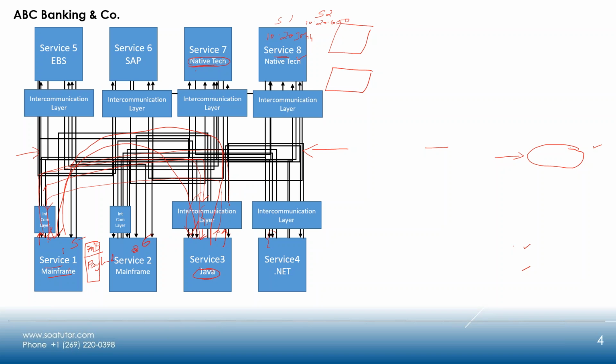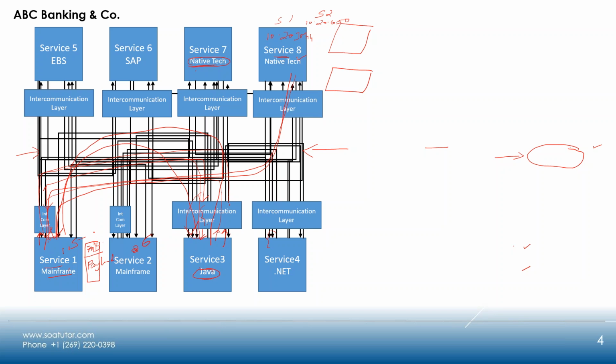Let's say it has 10.20. something hard-coded. So earlier it was going through the intercommunication layer straight to this service and getting back. Now since the address of service 8 has changed, service 1 has to change its request to have the new address. So that's the problem with point-to-point.